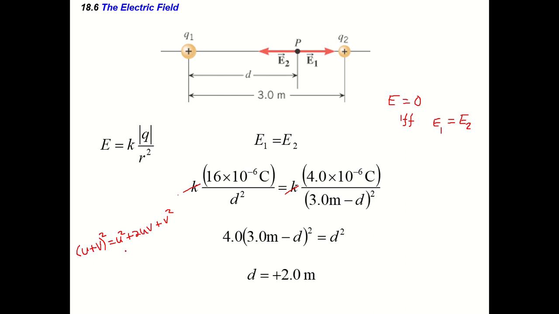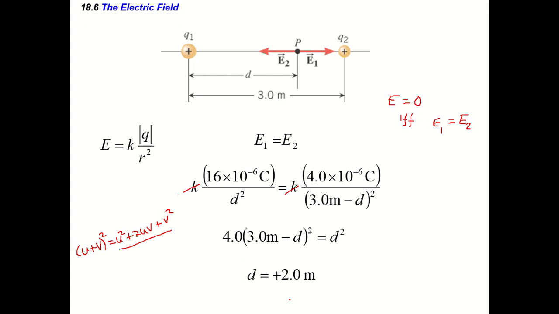So you expand this part here, and after that you distribute and multiply the 4, and then combine similar terms. After that, I think you need to factor.